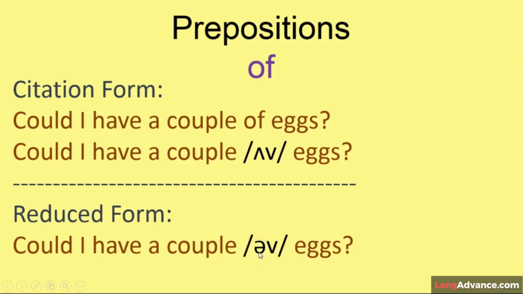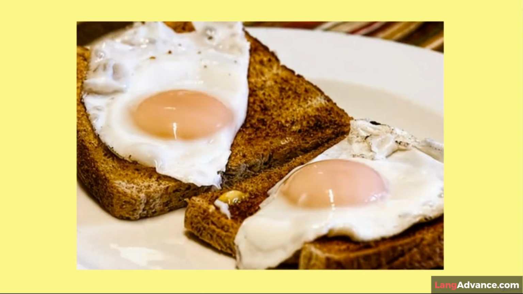However, there is still a change in that we're not saying "uv" but we're using the schwa sound, which is more of a "uhv." However, when combined with couple, we say it quickly all together. "Couple of." So repeat after me. Could I have a couple of eggs?